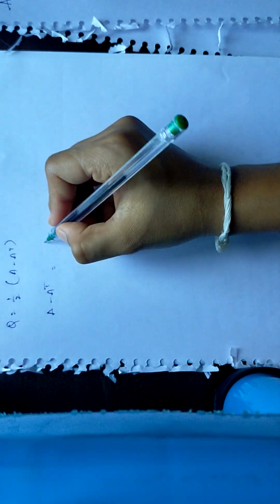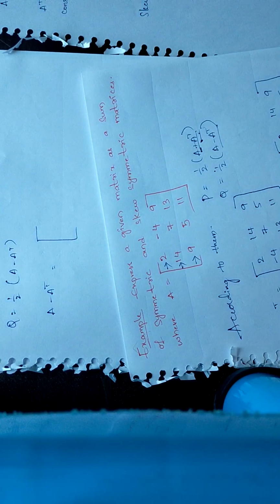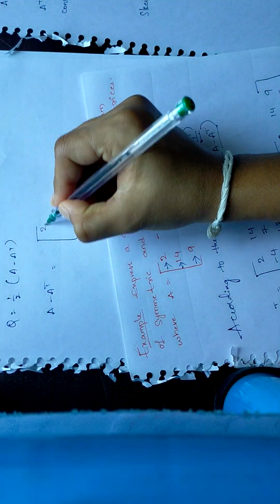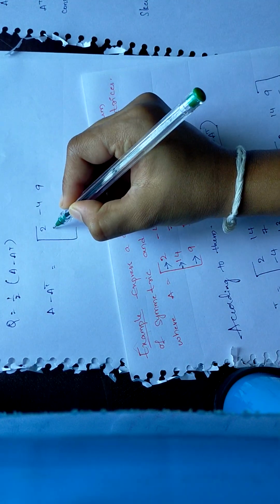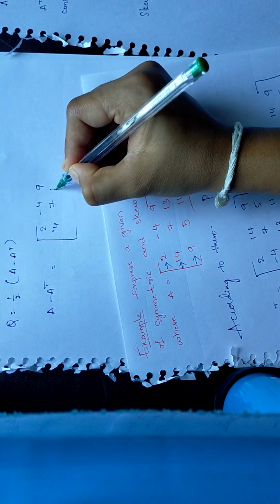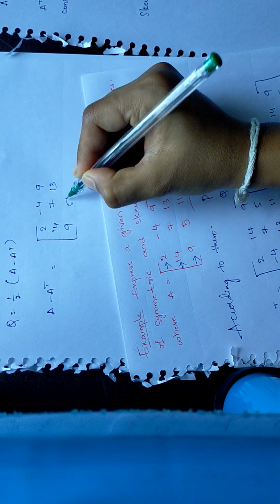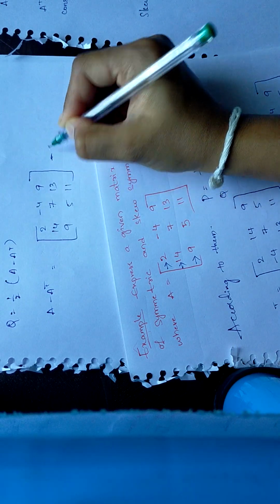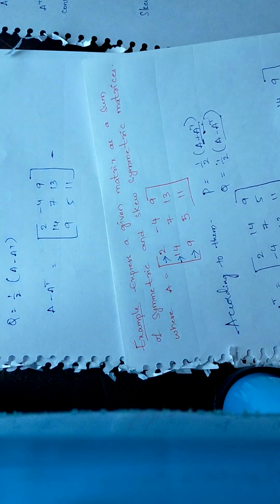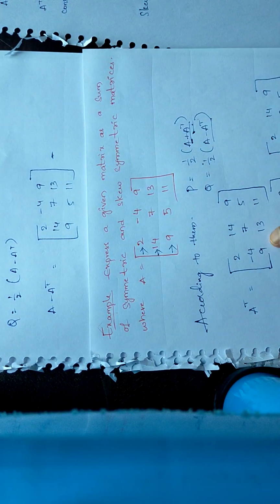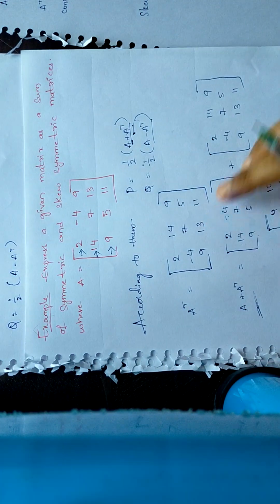What is the A matrix according to the question, right? So here it is: 2, minus 4, 9, 14, 7, 13, 9, 5, 11, minus A transpose. We already found A transpose in the starting, right?